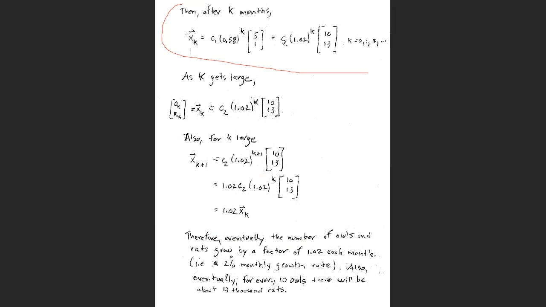After k months, the population of owls and rats given by the vector x sub k will equal C1 times 0.58 to the kth power times the eigenvector 5, 1, plus C2 times 1.02 to the kth power times the eigenvector 10, 13.